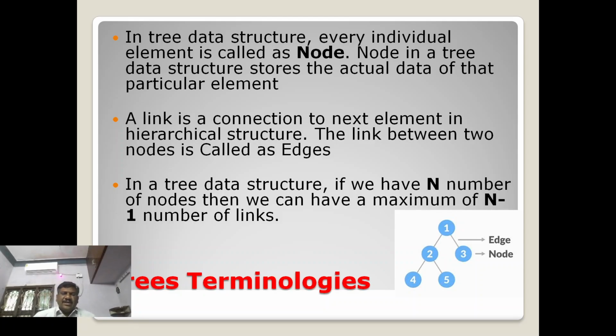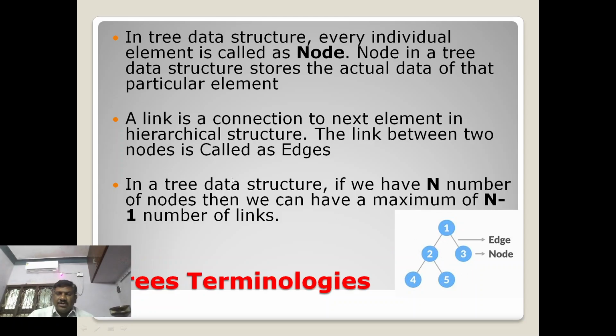In a tree data structure, there are n nodes. If I have n number of nodes, consider in this tree how many nodes there are: 1, 2, 3, 4, 5. Here I have 5 nodes, and each of the nodes is connected in some way to another. Then you can find how many edges there are. The links are 1, 2, 3, 4.